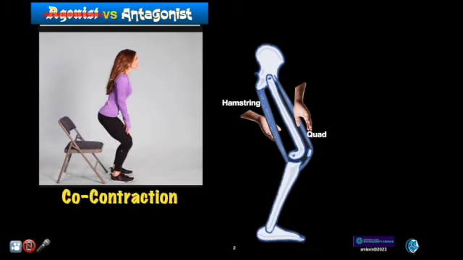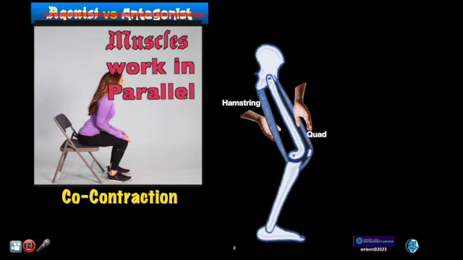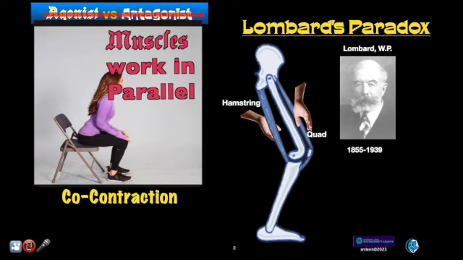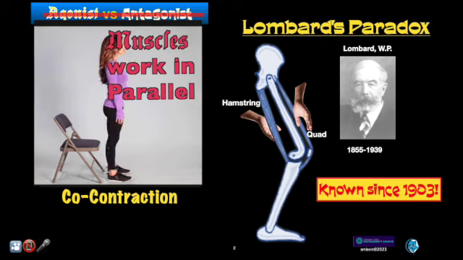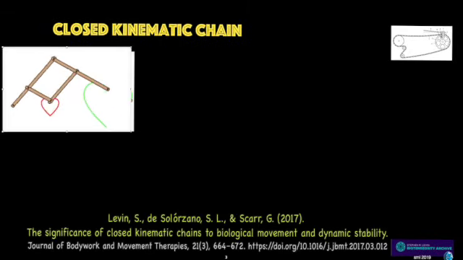Muscles co-contract and work in parallel. This is a well-known phenomenon known as Lombard's paradox. This was described in 1903, and it really isn't difficult to show that this is the norm rather than the unusual. When working synergistically, muscles work as closed kinematic chains.